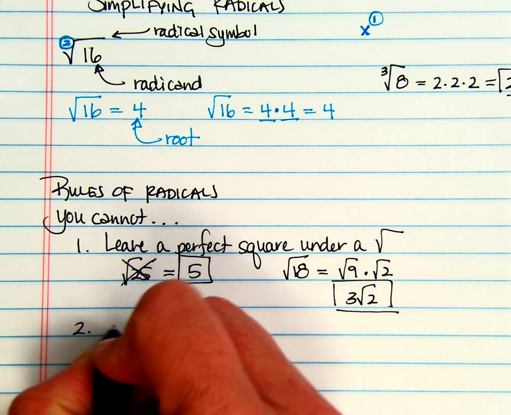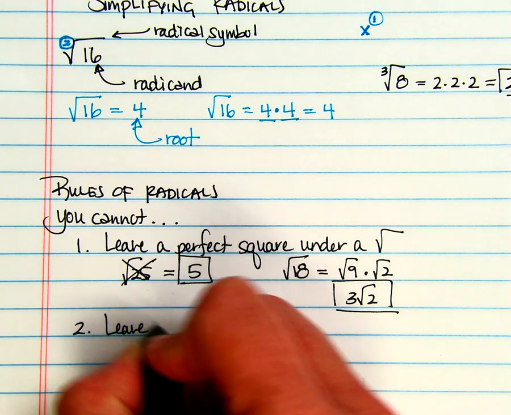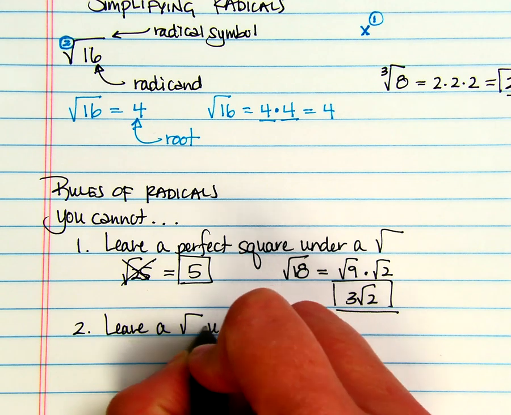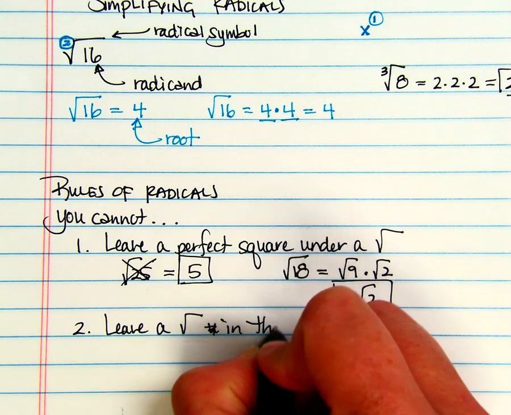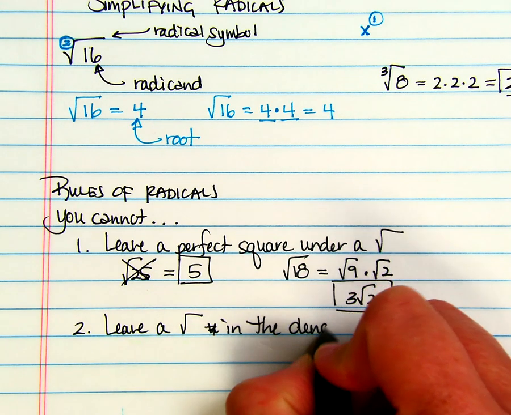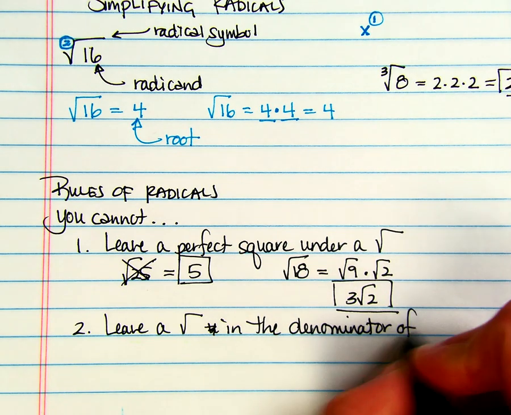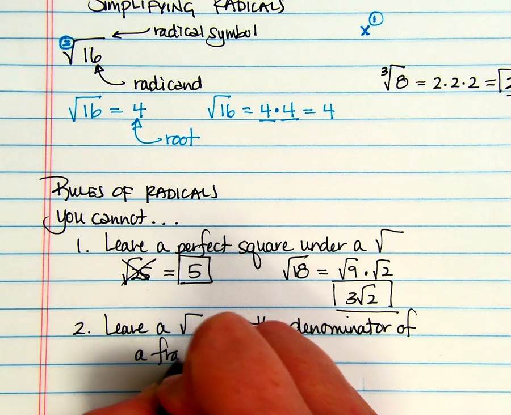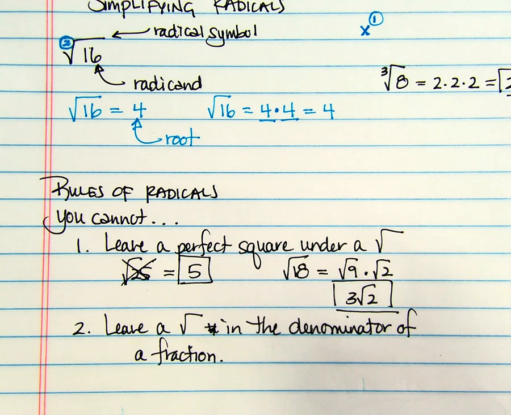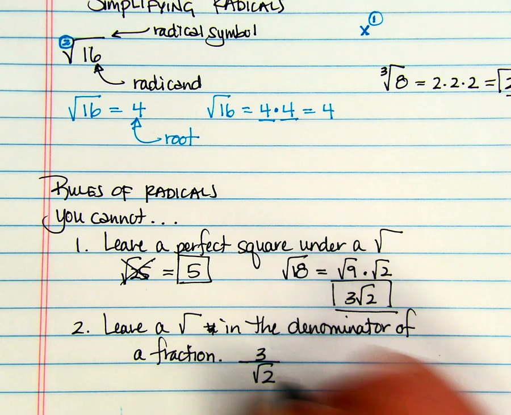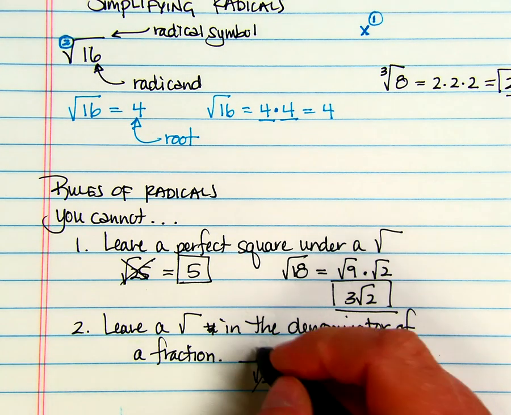Another thing you cannot do is leave a radical in the denominator of a fraction. So, for example, you could not box your answer of that. This would not be an okay answer.